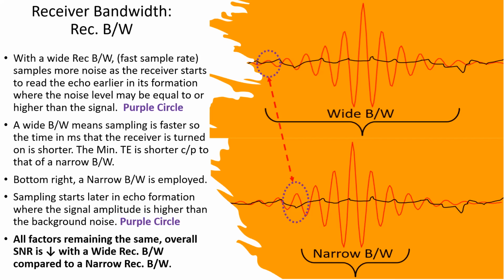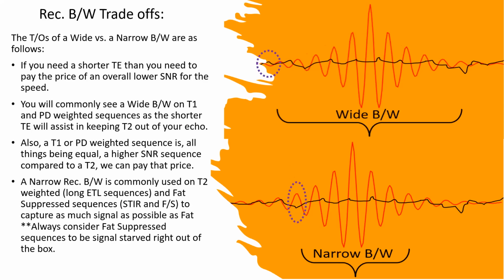And I got a little graph here, okay? So we're commonly going to use a wide receiver bandwidth on T1s and proton densities because they have higher signal to noise, all factors remaining the same, than a T2. And you'll use a narrower bandwidth on a sequence like a T2 or a FAT-SAT where your overall signal to noise is lesser, okay?